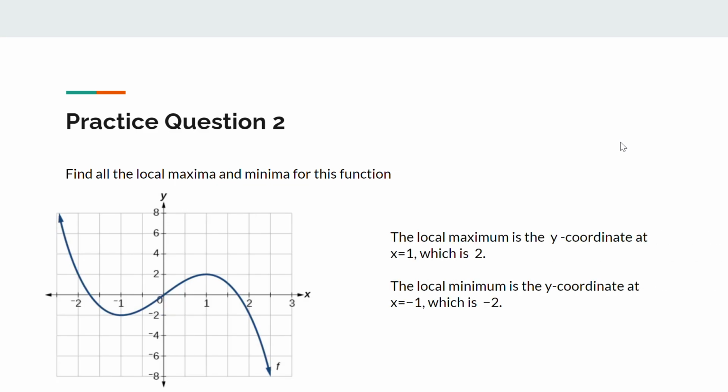The local maximum is the y-coordinate at x equal to 1, which is 2, because it's where an increasing function becomes a decreasing function. That's the turning point. So this is the local maximum. And the local minimum is the y-coordinate at x equal to -1, which is -2, because this is where the decreasing function changes to increasing.